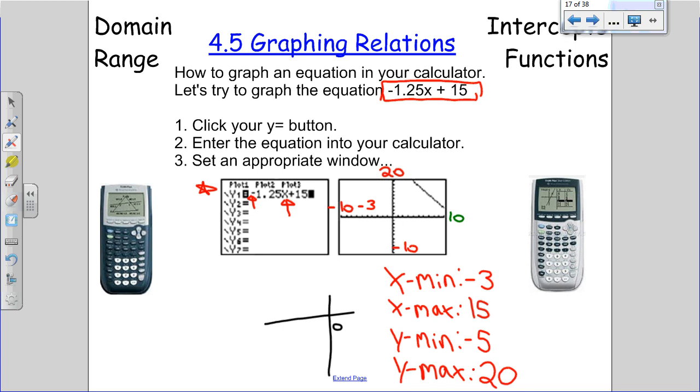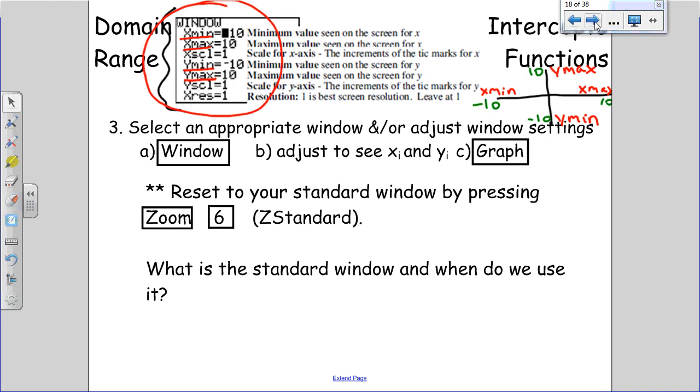When I hit graph again, oh, I didn't change mine. Your new graph should look like this. Something like that.